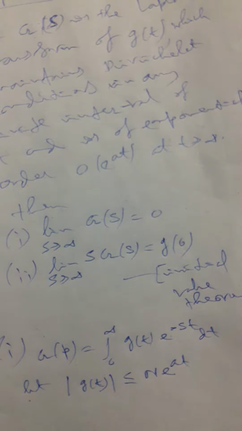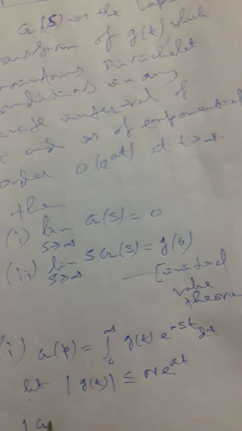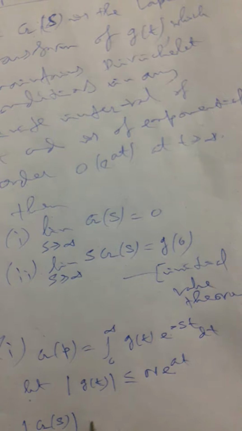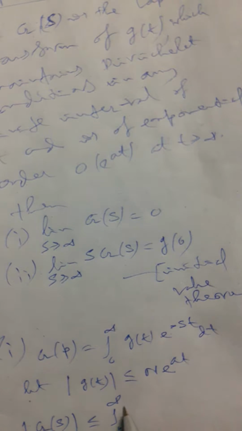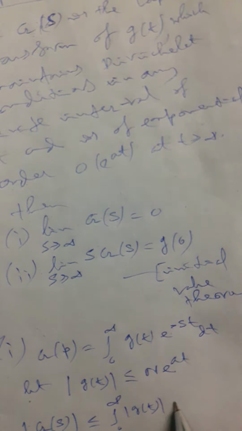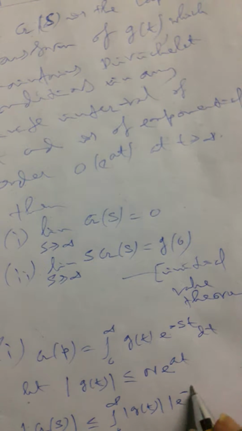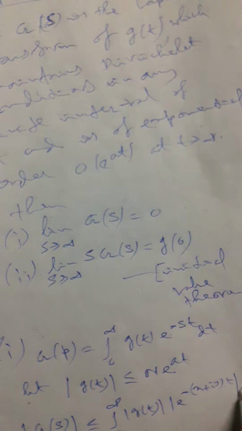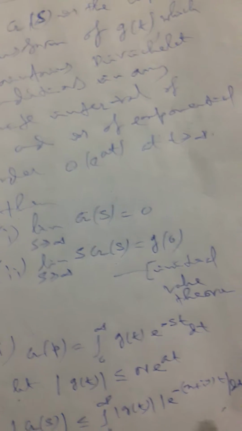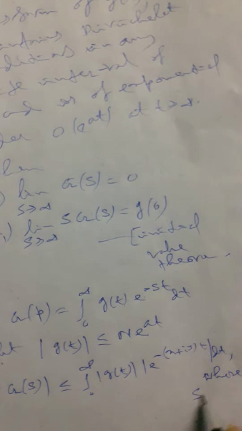Therefore, the mod of G(s) is less than or equal to the integral from 0 to infinity of the mod of g(t) into the mod of e to the power minus st dt. Since s is a complex parameter, it can be written in the form x plus iy.